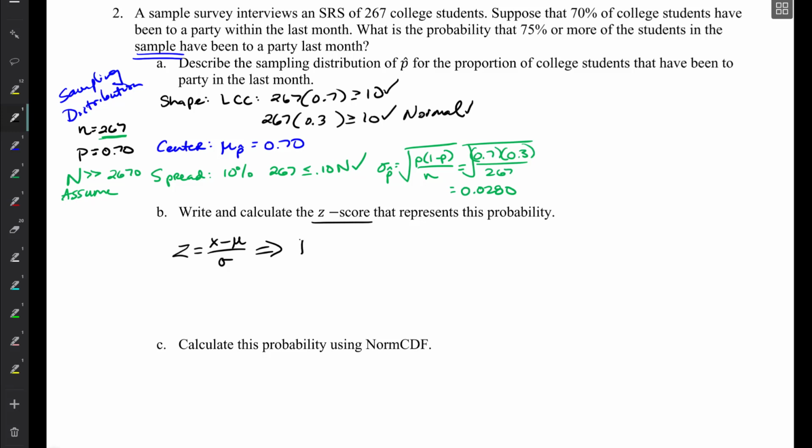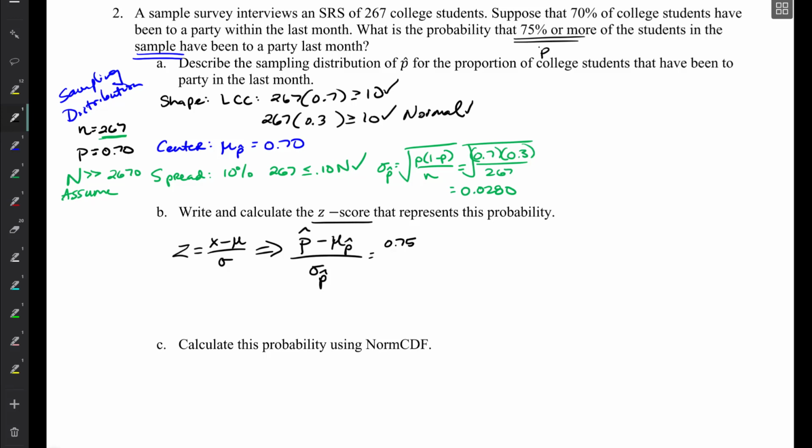We're looking at the observed value, our sample proportion, minus the mean of all sample proportions divided by the standard deviation of all sample proportions. It's the same thing. We're just kind of changing the context of it, but it's still the same idea. Well, we remember that p hat, that was the 75%.